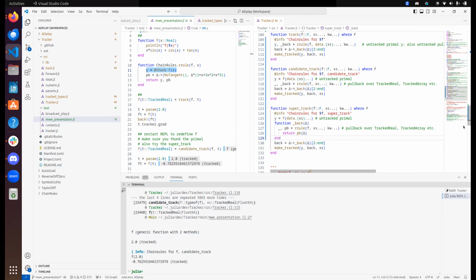So that's my only concern with this approach, that it relies on everyone being a good, proper rule writer, assuming that chain rules does accept this kind of change as well.